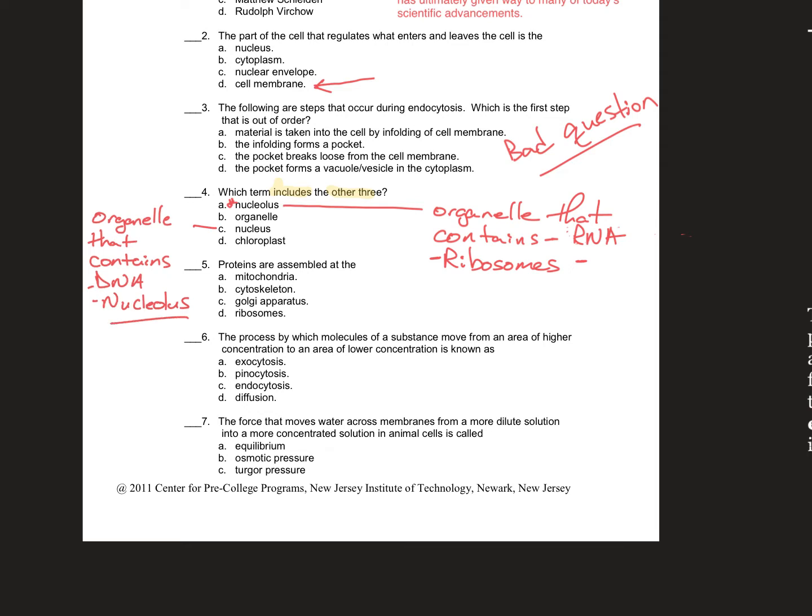Again, all this was on your Quizlet and your chapter reading, and you were told clearly that you had to know what each organelle was and what it did. A chloroplast is a plant organelle that conducts photosynthesis.